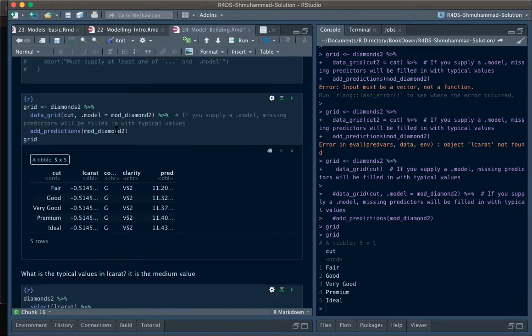That would be good to see. What do you say, Harvard? So if you just highlight diamonds 2 pipe data grid and then just run that bit. Okay, if you comment out add predictions and comment out the final pipe so it doesn't complain. Right. And run that now.